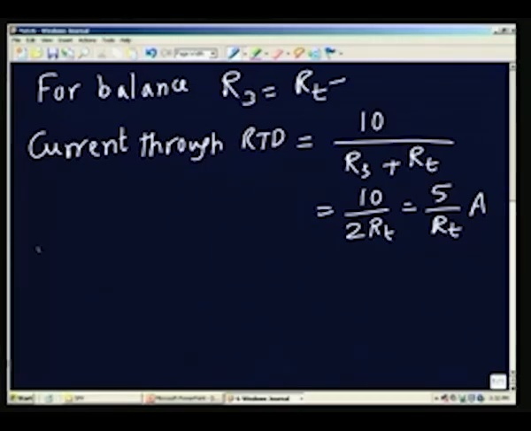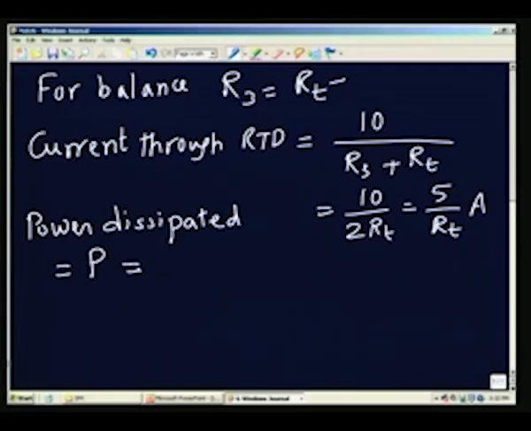So, I can find out the power dissipated. We will call it P. The current is known.